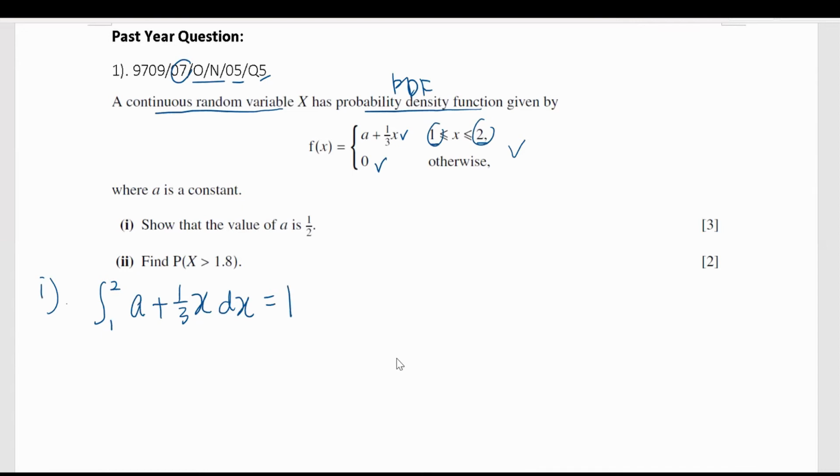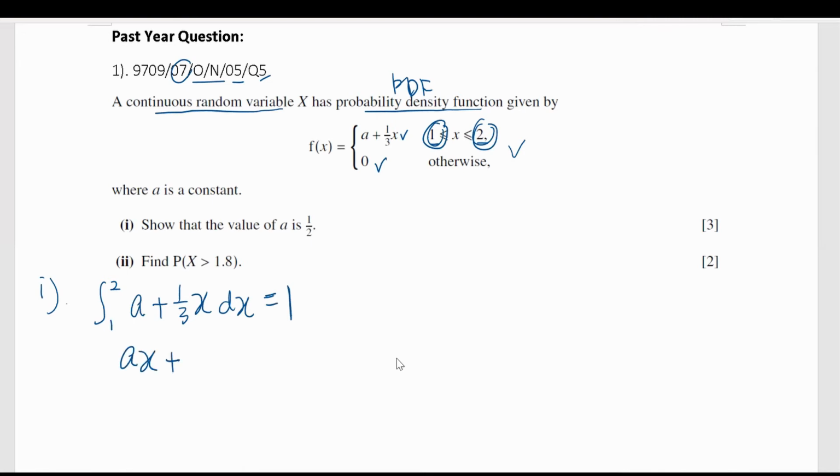All right, again, this is a PDF. Hence, with the limits given, if we integrate, the total area, which is the probability, must be equal to 1.